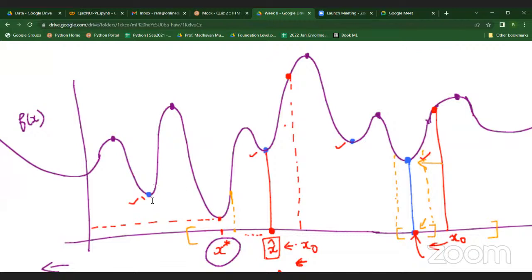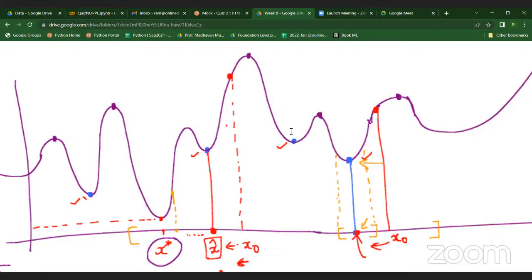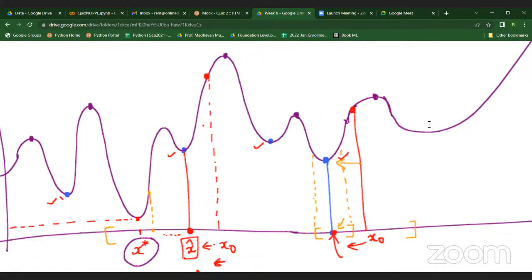This is also a minimum, but it is not the minimum for the entire domain of x, so this is just a local minima. Similarly, we could have many different local minima. We have a local minima here, we have a local minima here, as well as here.